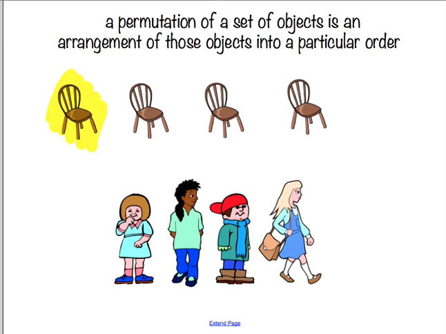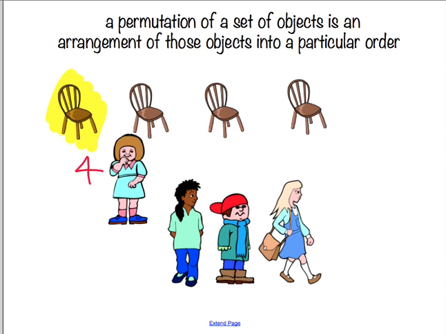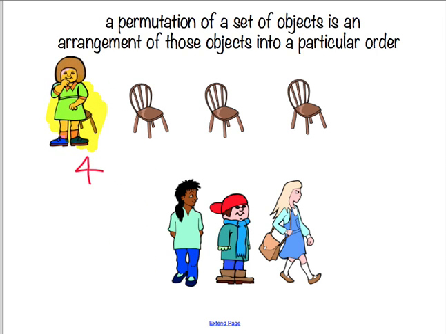How many different people are available to sit there? There are 4 people here, so I could choose any one of those 4 to sit there. So there are 4 possibilities. And so let's say I move this person to that chair. Which now means for the next chair in line, there are 3 people available.